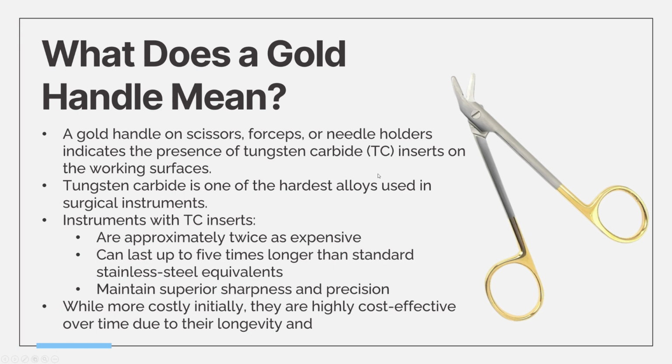So instruments made with tungsten carbide cost twice as much, but they last up to 5 times longer than standard stainless steel. So if you think about it, with these instruments staying sharper longer, they offer better precision, and despite the higher upfront cost, in the long run, they are more cost effective over time due to their longevity, and they don't have to be sent out for repair constantly.